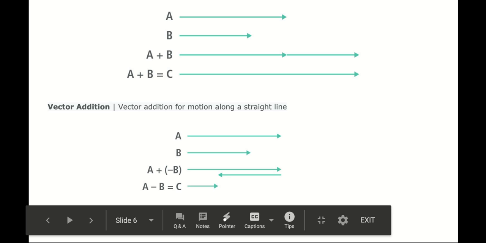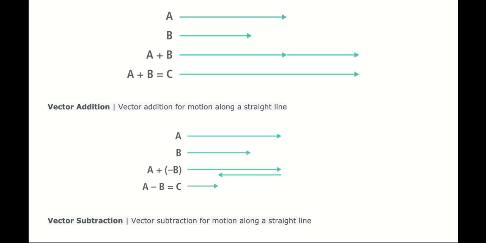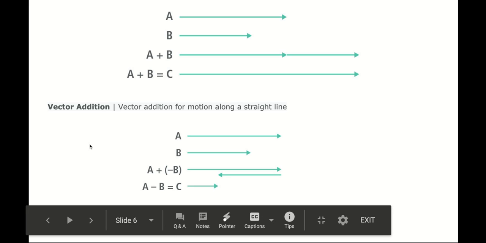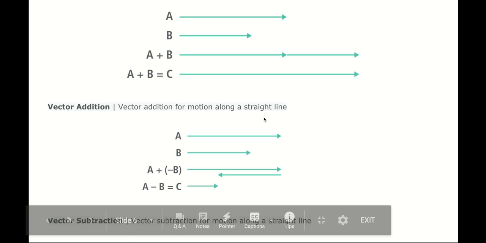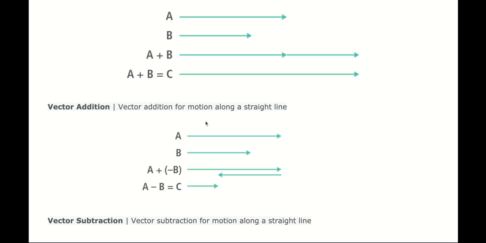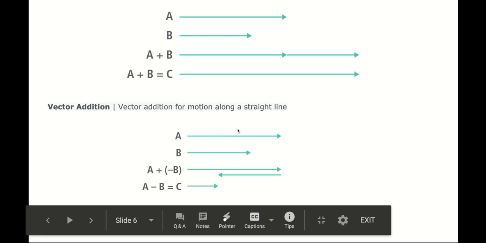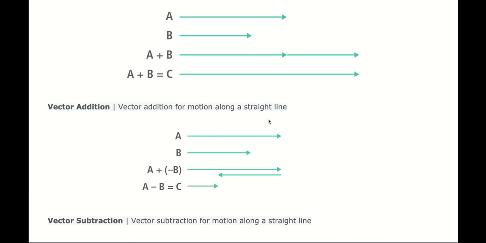When we look at vectors in one dimension, we can both add and subtract vectors. In one dimension, we are going to look at motion along a straight line, whether that's along the x-axis or the y-axis.